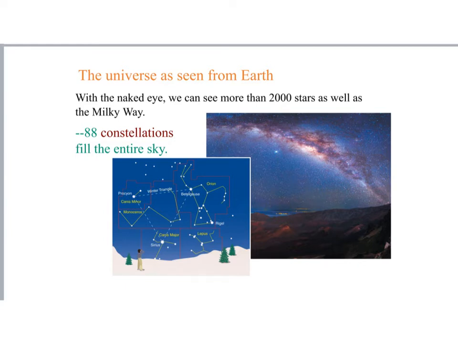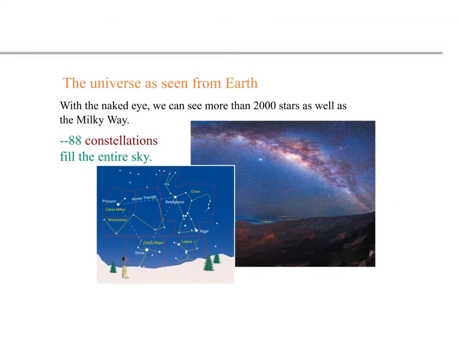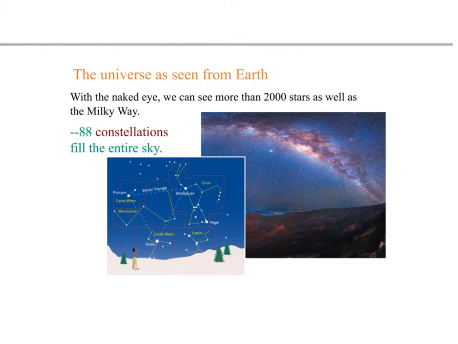In the summer, you also see a band of light that looks like someone spilled the milk, and of course that is the Milky Way.